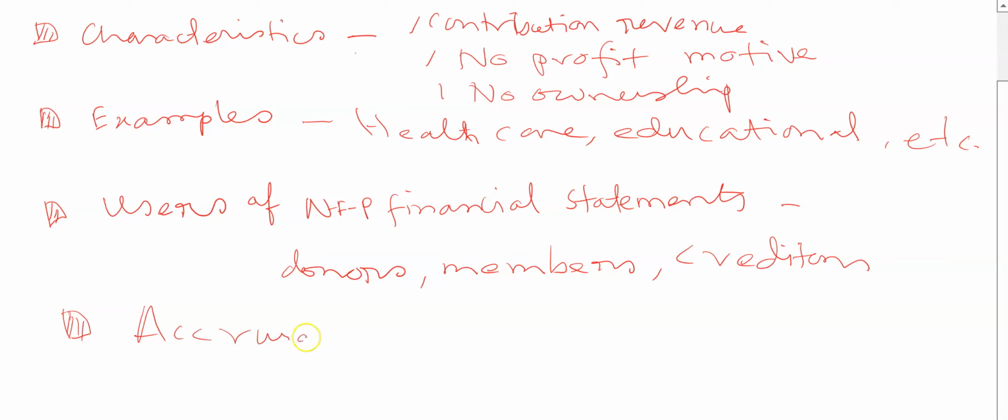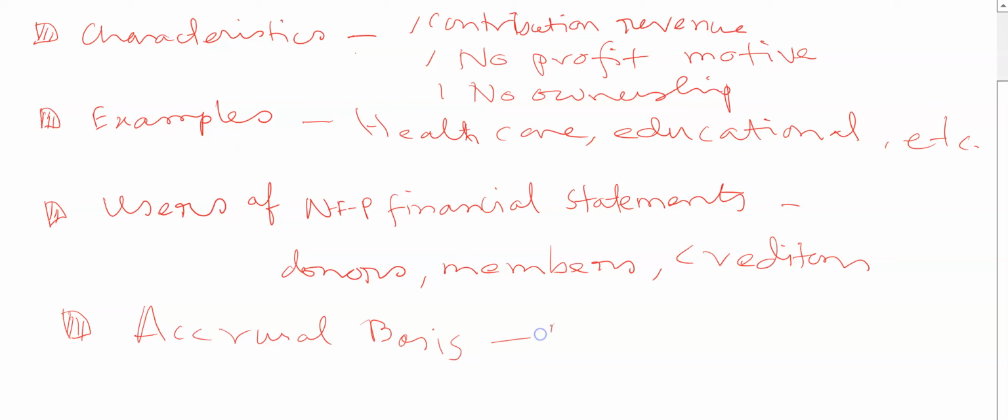That means you have to record a revenue when you earn it. It's the same for contribution revenues. You have to record an expense when it's incurred. So not-for-profit also follows full accrual basis accounting.